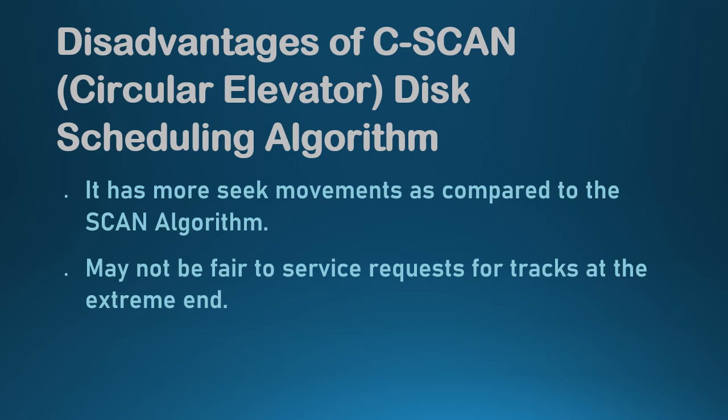And there are other disadvantages. More seek movements are costly in C-SCAN compared to the SCAN algorithm. In C-SCAN, even if there are no requests left to be serviced, the head will still travel to the end of the disk, unlike the SCAN algorithm.